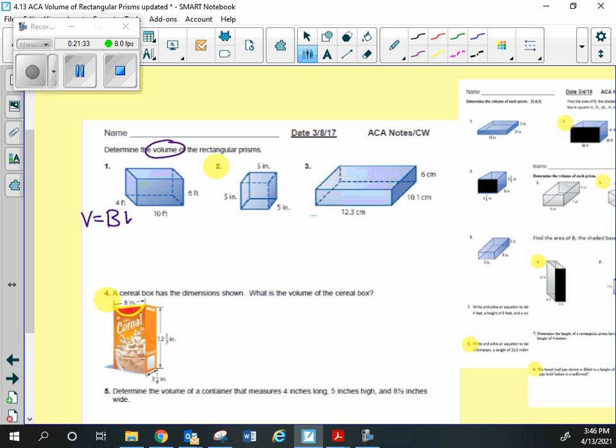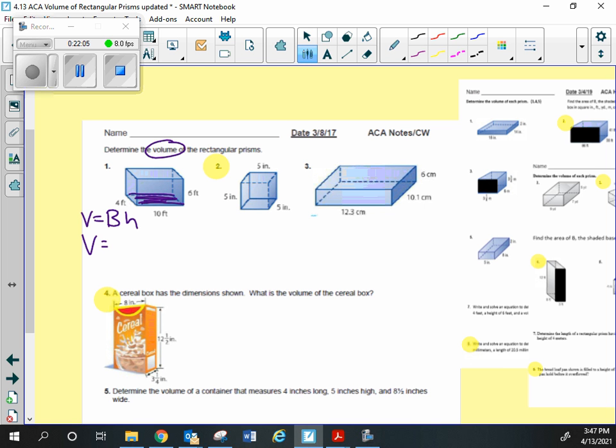Capital B H. I'm going to put the capital B in parentheses, but big B, again, stands for the area of the base. So be careful. How would I find the area of the base? Length times width. Does it specify which one's the base? No, so by default, it's going to be the bottom. Sometimes we'll show it, sometimes they don't. If they don't, it's going to be the bottom. So what are the dimensions of that bottom? 4 and 10.